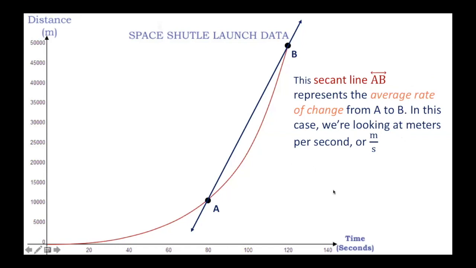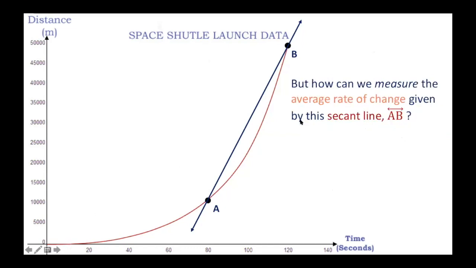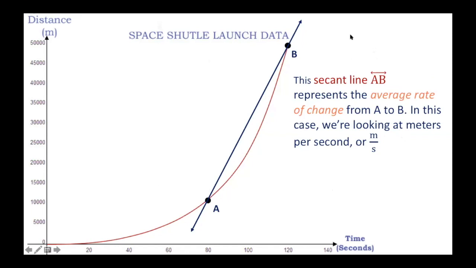Now, I just want to make it abundantly clear that while A to B is linear, the path of the space shuttle is not. You can see that the curve here, when you start, is kind of gradual, and then it gets steeper and steeper, so the speed is increasing.